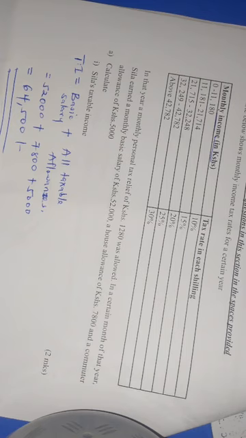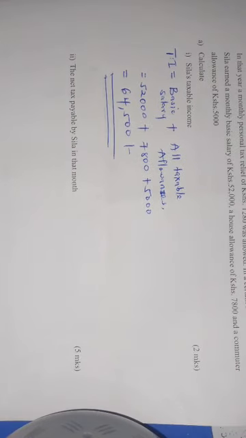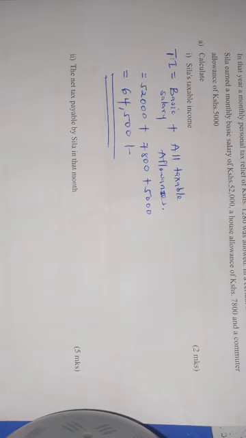On part B of the question, we have been told to calculate the net tax payable by Sila that month. This man is going to pay some tax, and we are going to rely on the taxable income which we have got. Let us see our first band.